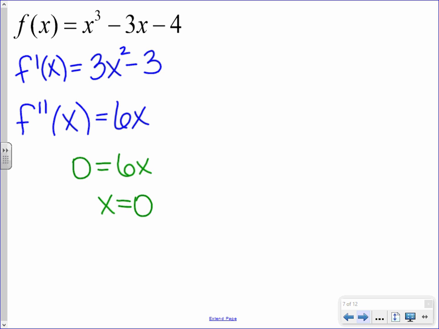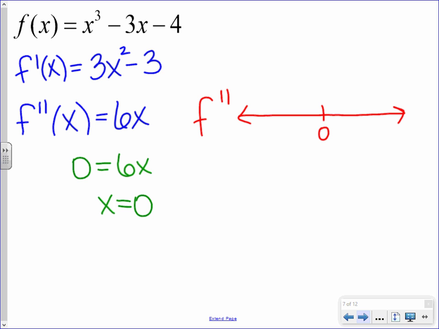So we're going to do the same thing, but notice how I'm labeling my number line as second derivative. And we'll put our potential point of inflection on our number line.